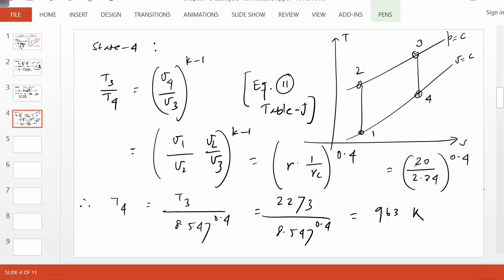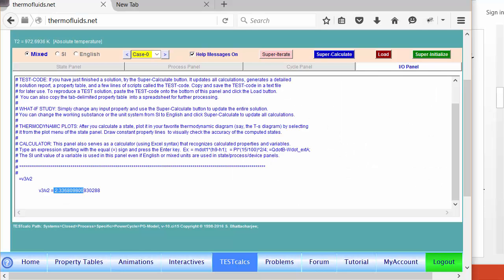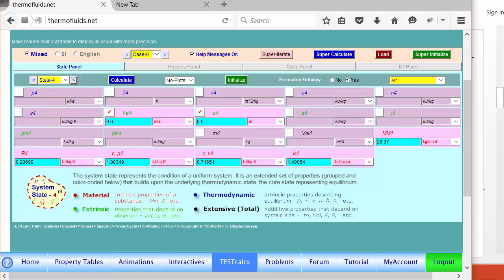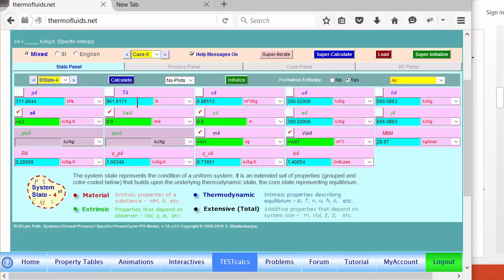Of course, using the test calc, it's rather much easier to calculate state 4 because we know entropy at 4 equals entropy at 3, isentropic to state 3. Mass doesn't change. And we know the volume at state 4 equals the volume at state 1. That's geometrically limited, right? The cycle must end at the same place. And that gives us 962, which is pretty close to the temperature we got.